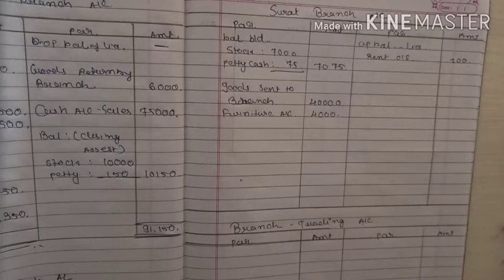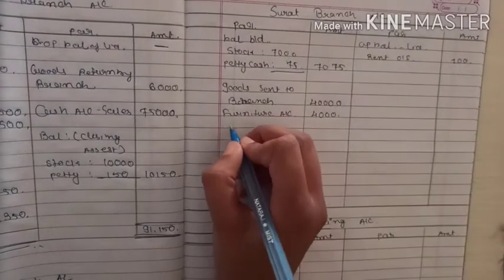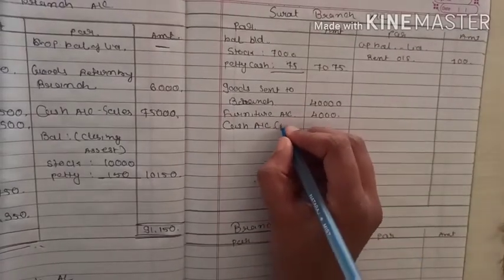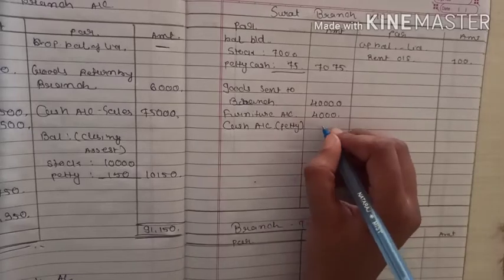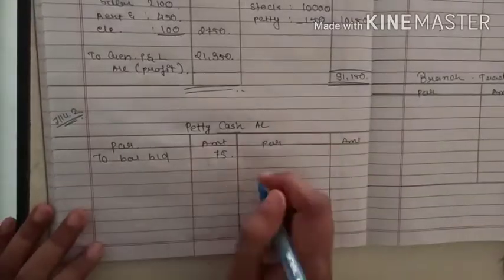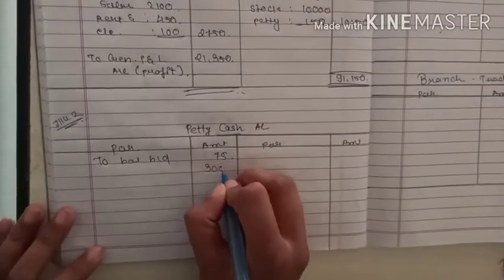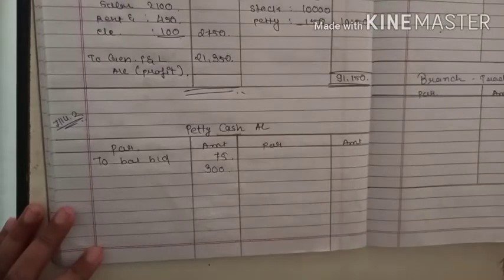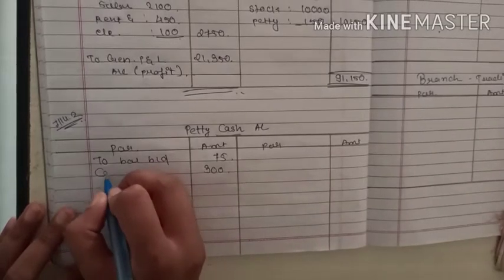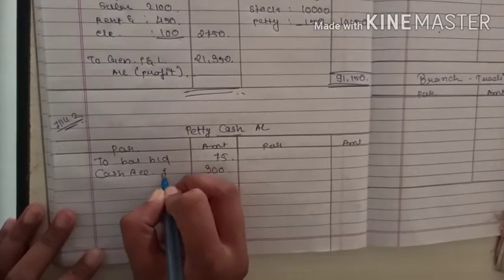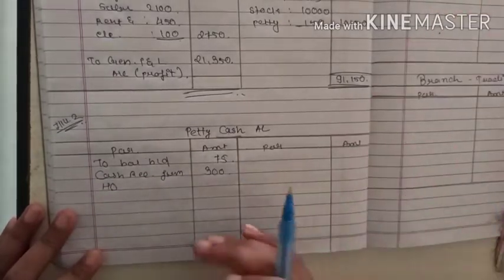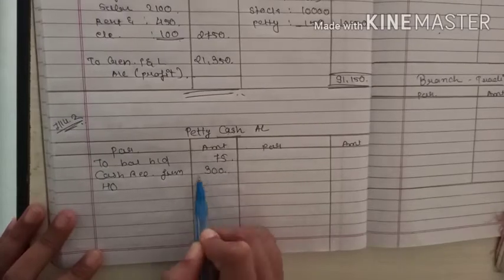Then petty cash received, so we are receiving petty cash, so cash account in brackets petty cash of 300 rupees. And since we have prepared a petty cash account, we will debit 300 on that side, just because we are receiving petty cash from the head office. Cash is coming from the head office, that's why we debit 300 rupees.